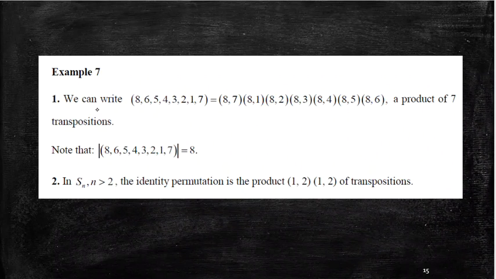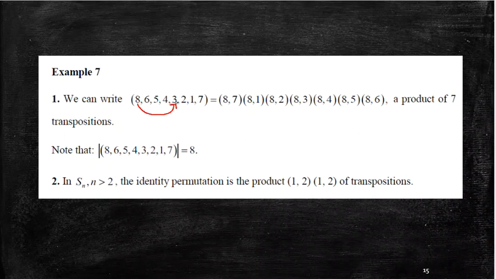Let's see example 7. We have this cycle, which is 8 to 6, 6 to 5, 5 to 4, to 3, to 2, to 1, and to 7. To write it as a product of transpositions, we write the first as 8 and 7, which is (8, 7). The second one, 8 with 1. The third, 8 with 2.